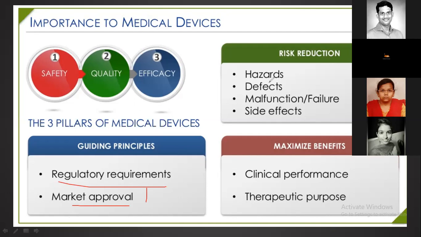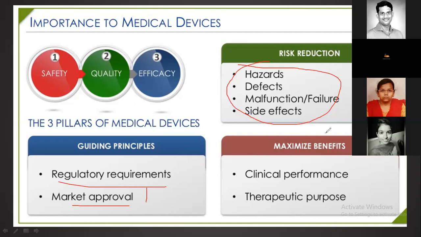Then what is risk reduction? Here it is a device, so there may be a chance of hazards, defects, malfunction, failure, or side effects. Generally we have to observe the various risks of medical devices. The manufacturer or designer must concentrate on reducing this risk, that is, possible hazards, defects, malfunction or failure, or side effects. What is the result of this risk reduction?